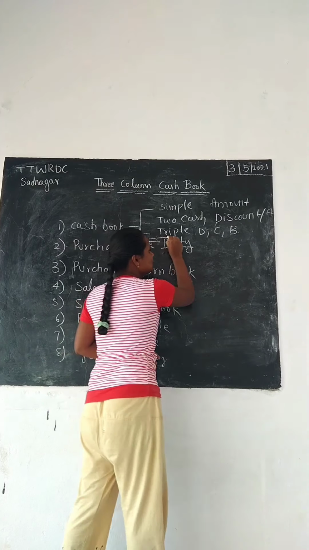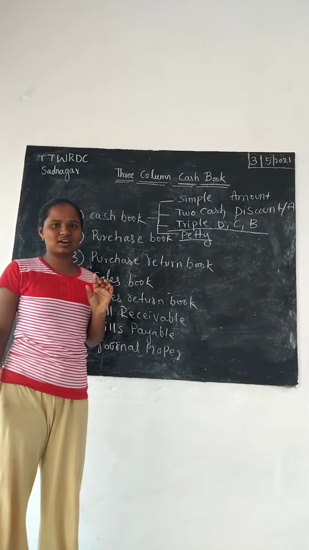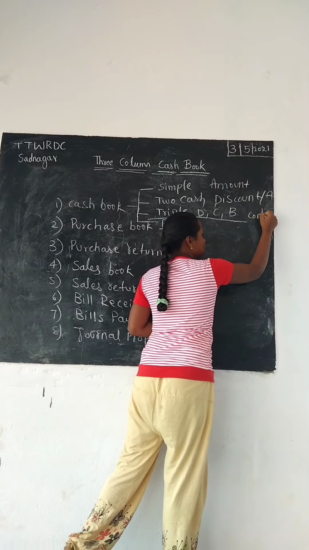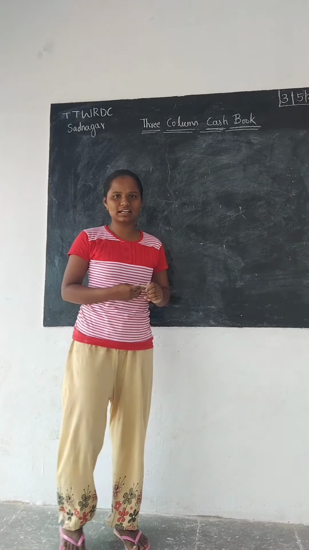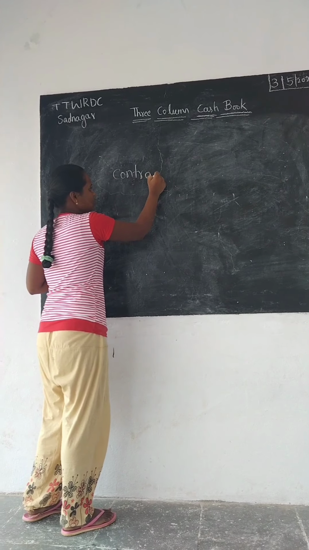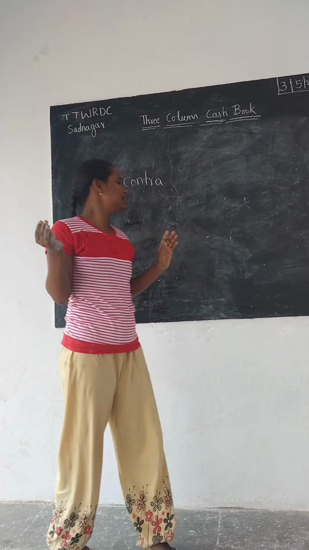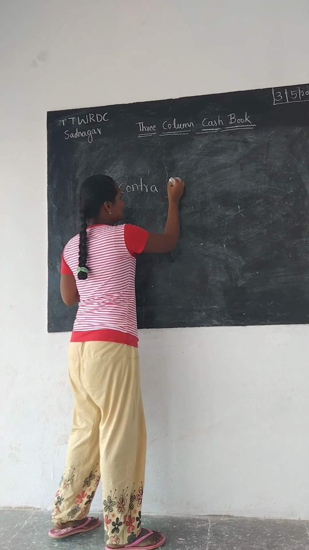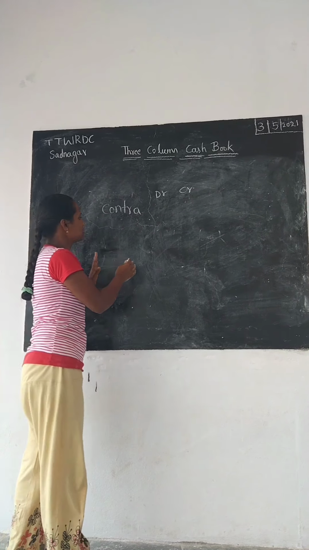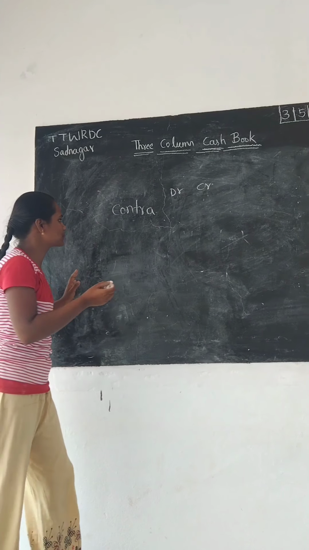Now we discuss the triple column cash book. In triple column cash book there is a contra entry. In every cash book there is a debit side and a credit side, and transactions are written on the debit and credit side.